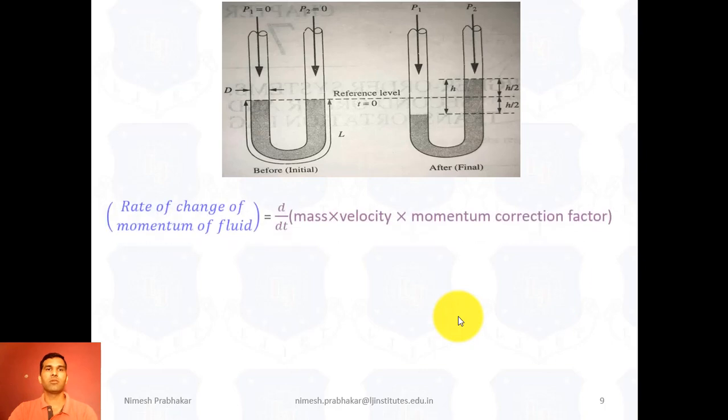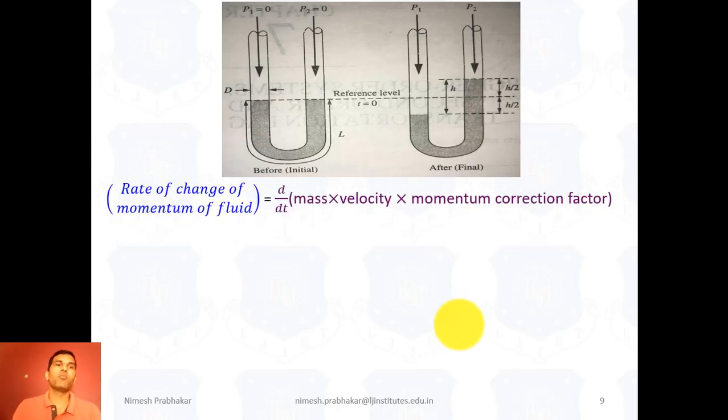Now next one is the rate of change of momentum of fluid. The rate of change of momentum of fluid is d by dt into mass into velocity into momentum correction factor.